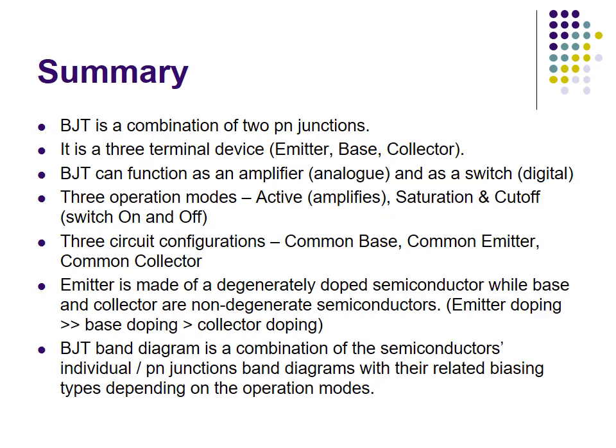Under active mode, the BJT acts as an amplifier, and it acts as a turned-on switch under saturation and an off switch under cutoff. The emitter region is made of a degenerately doped semiconductor, while the base and collector are non-degenerate semiconductors. The Venn diagrams are a combination of individual Venn diagrams of the respective regions and their related biasing types depending on the operation mode.